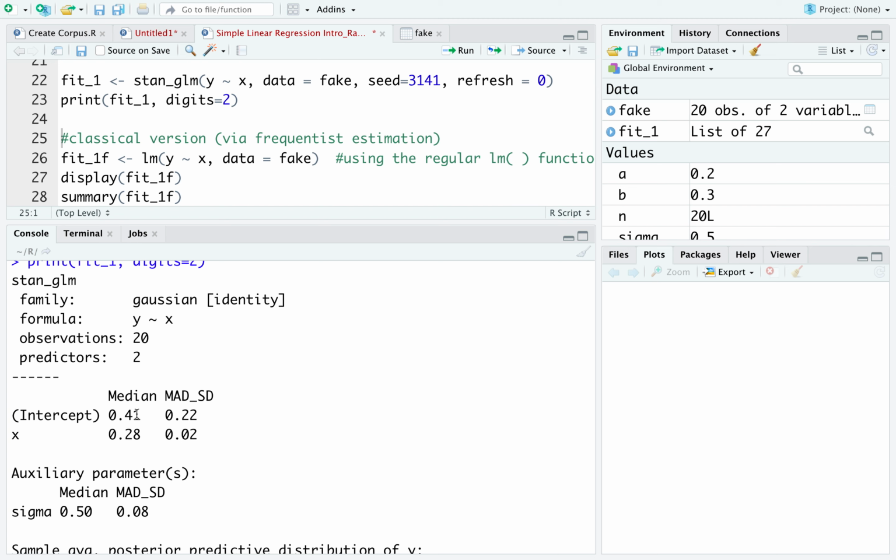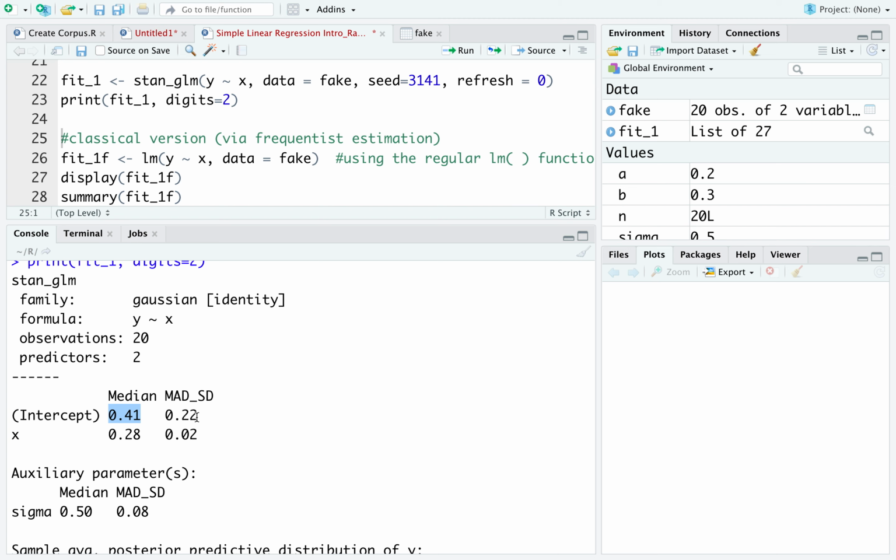Okay, so what is this saying? It's saying my best guess for A is 0.41, give or take, typically about 0.22. If you want an interval that has a higher probability of capturing the median, then maybe you could use a sort of frequentist approach. This is not taking full advantage of what we have, which is essentially a posterior distribution over plausible values.